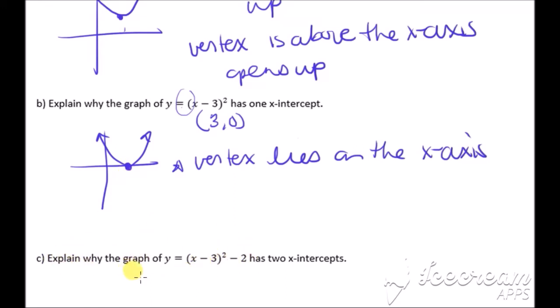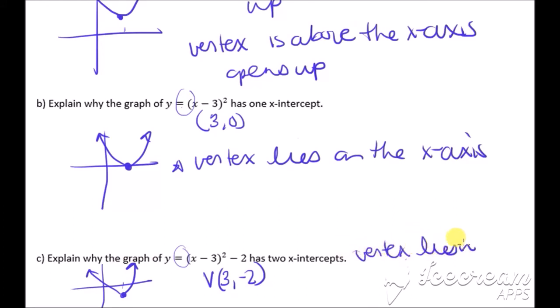Okay? And C, explain why the graph of this one has two x-intercepts. Well, we have a vertex 3, -2. So if we take a look on a graph, 3, -2 is going to lie in the fourth quadrant here. And then this one opens up. So the vertex lies under the x-axis, and it opens up.